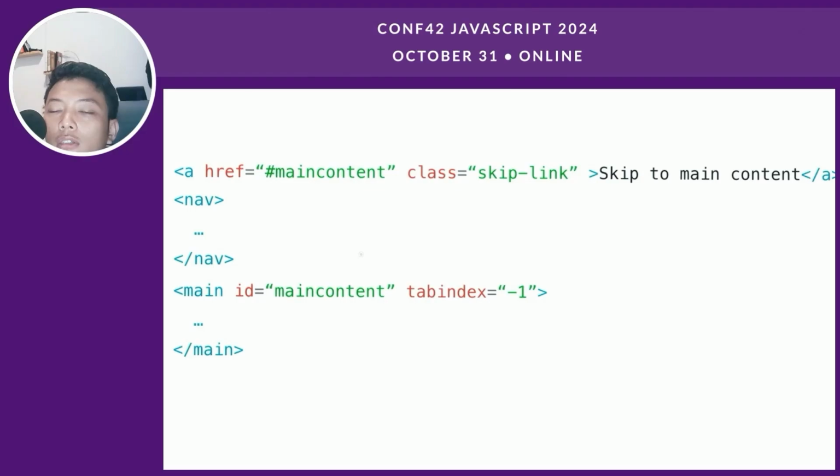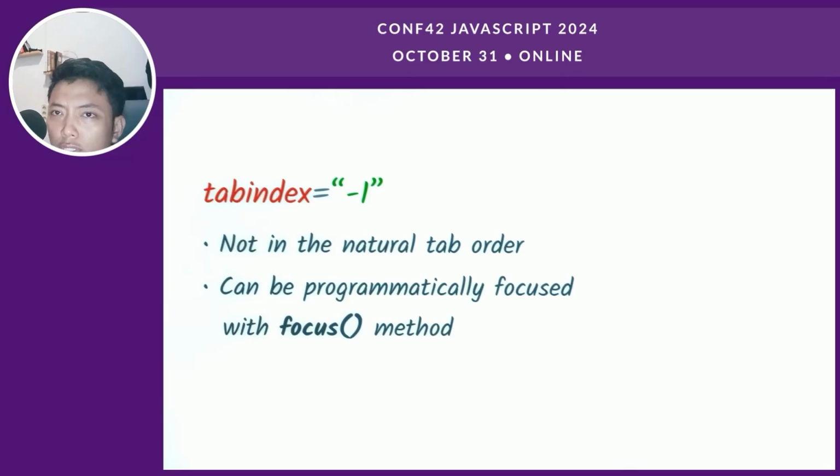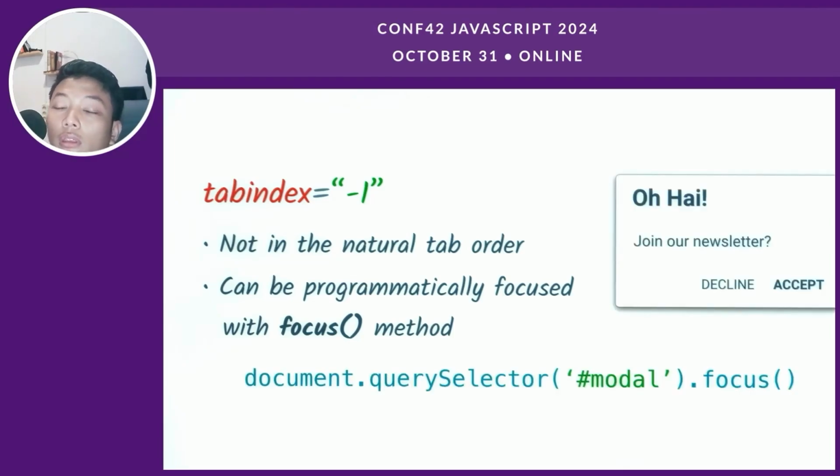Tab index is good for keyboard accessibility. But when using tab index, you need to be careful, because tab index is not always the answer. For example, if you use tab index -1, it does not appear in the natural tab order, because tab index -1 is good for dialog or modal components.